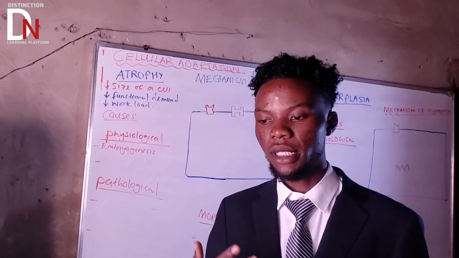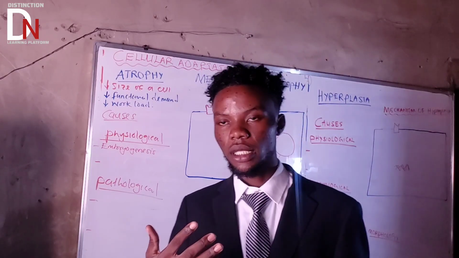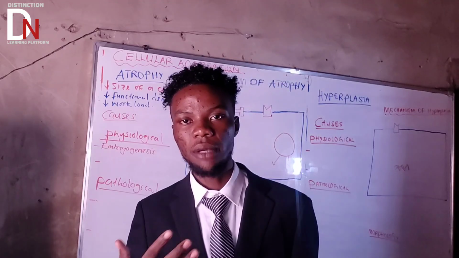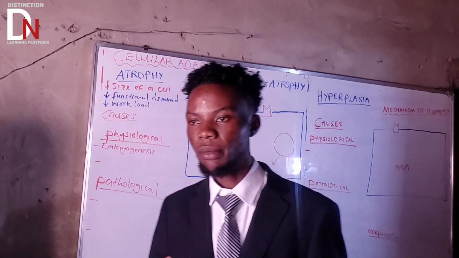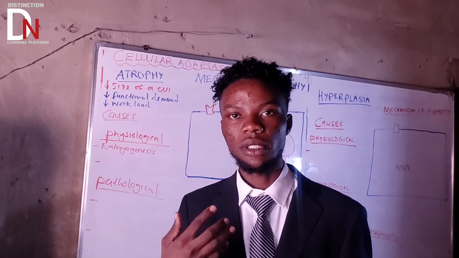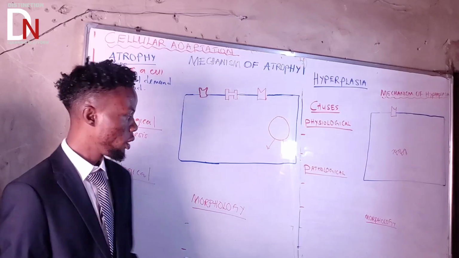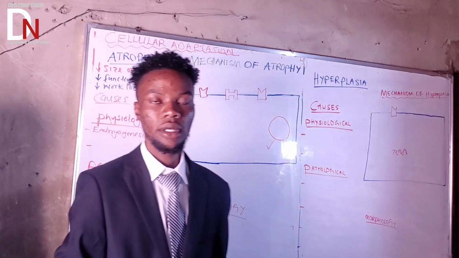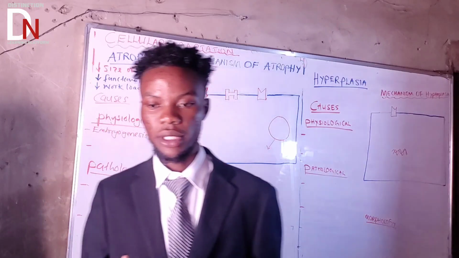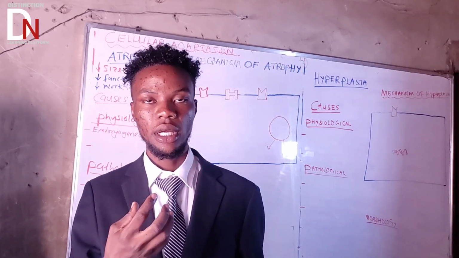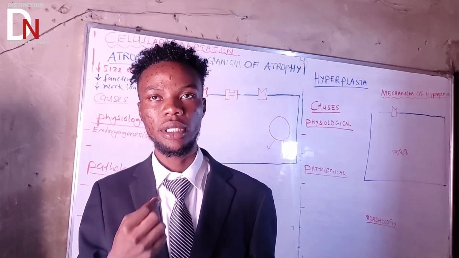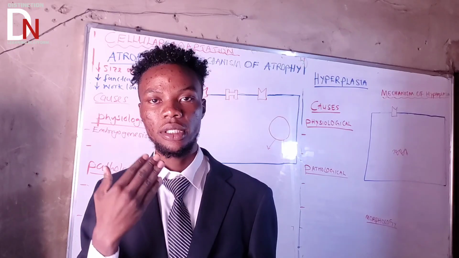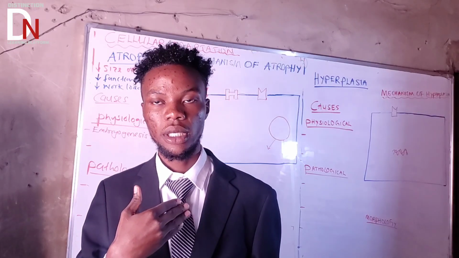Embryogenesis is where the embryo develops, and there are a lot of structures developing inside the embryo. A good example is the development of the thyroid gland. It starts from the mouth and has to go down to the neck.